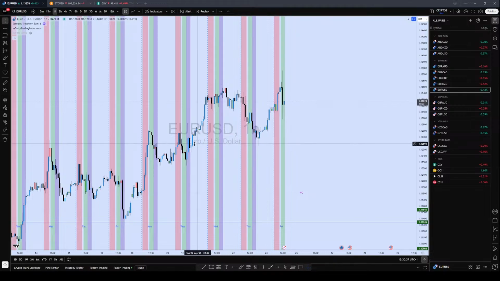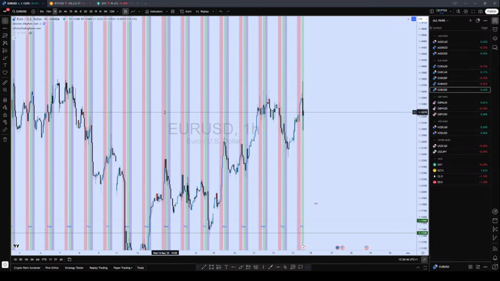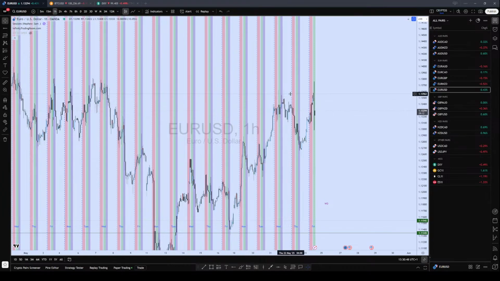This happened here. That's the New York price action. And I think here, that's the New York price action. So pay attention to New York because that is where everything happens.